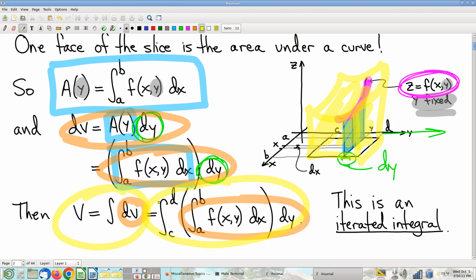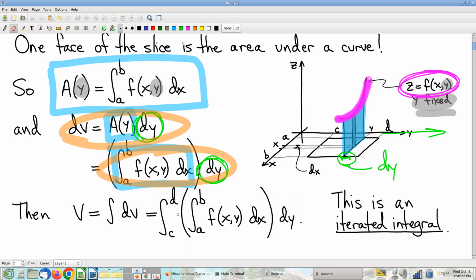integral. Yes? Does y have a value in the inner integral? Yes, that's right. So for the purposes of that inner integral, let me clean up what I'm doing here. For this inner integral, y is fixed at whatever value you're looking at. So at whatever value of y you want to know the cross-sectional area, that's the value of y.